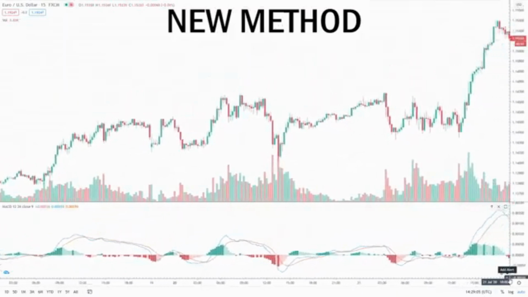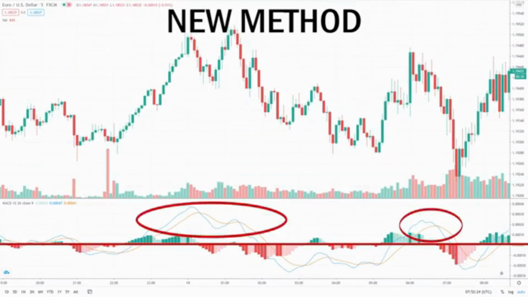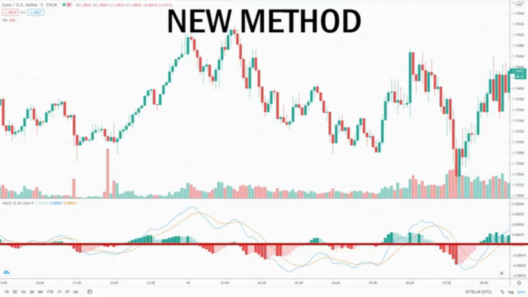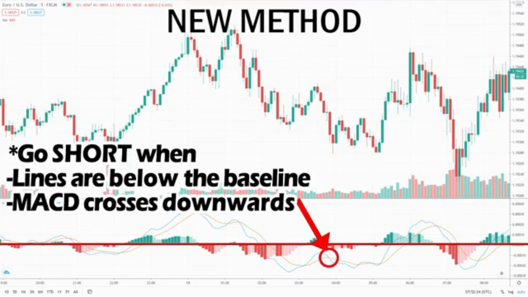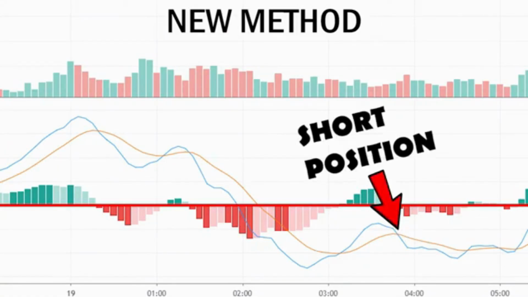This is a different way of utilizing the MACD. The lines can be either above or below the baseline. If the lines are below the baseline, you wait for it to cross downwards again, then you take a short position. So after the lines cross upwards, wait for it to cross downwards again while still being below the baseline. That's when you take your short position.